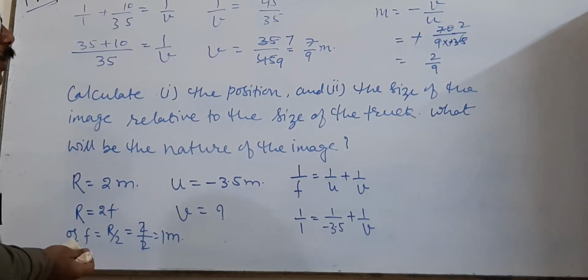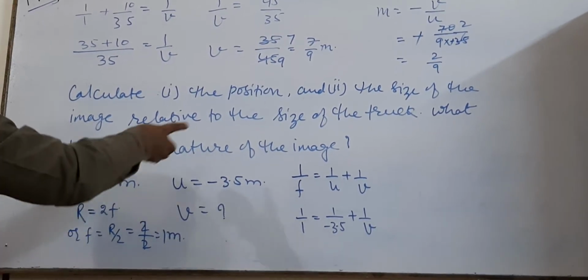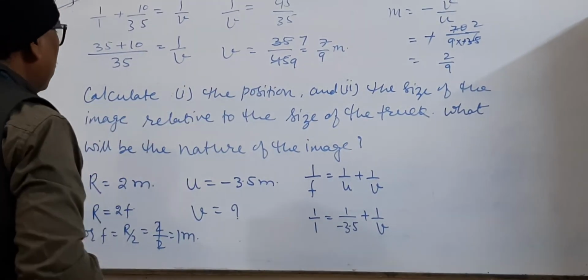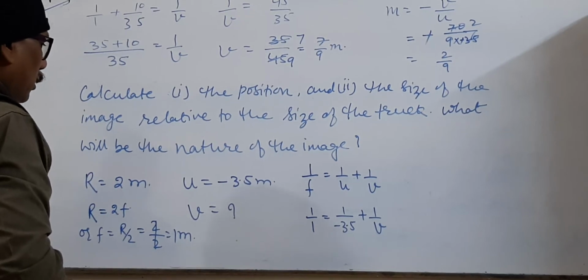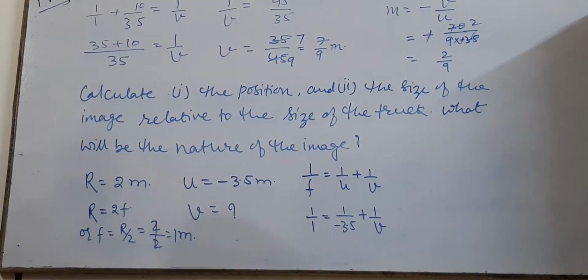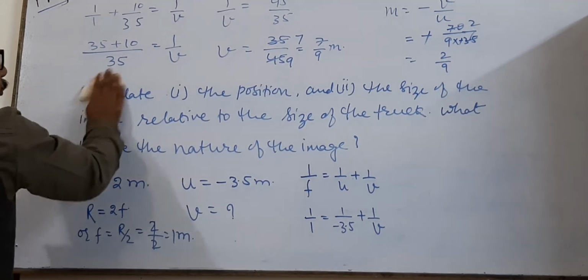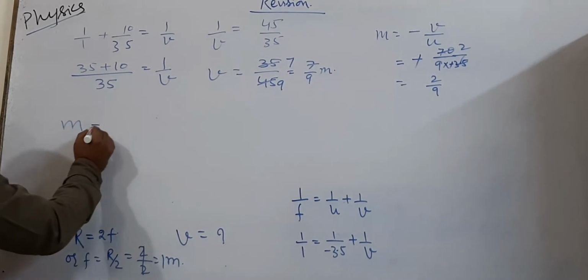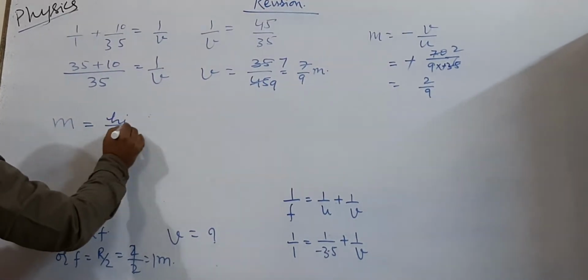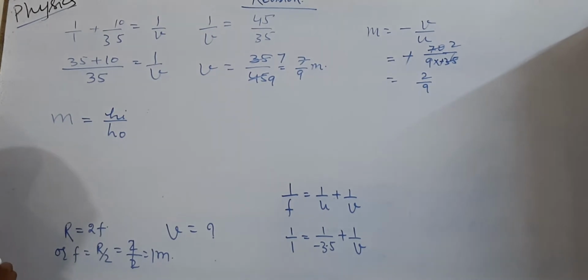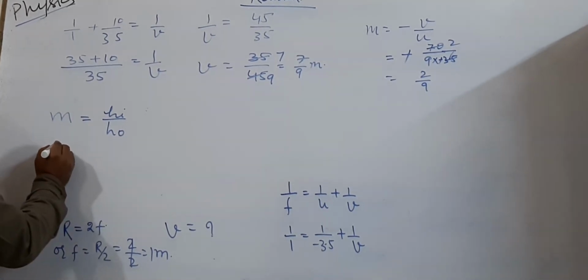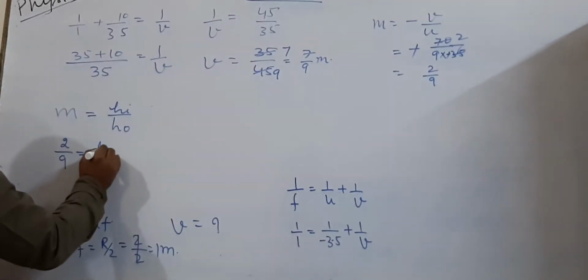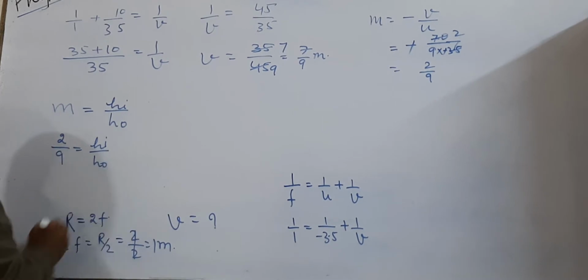It means it is virtual and erect, and you have to find out the size of the image compared with the size of the truck. Another formula of magnification is M equal to HI by HO. Here the magnification 2/9 is equal to HI by HO.